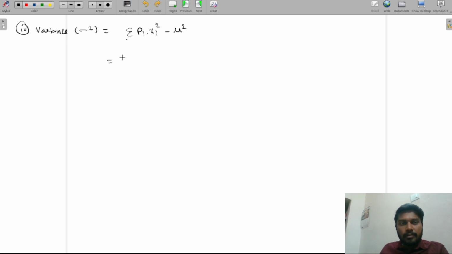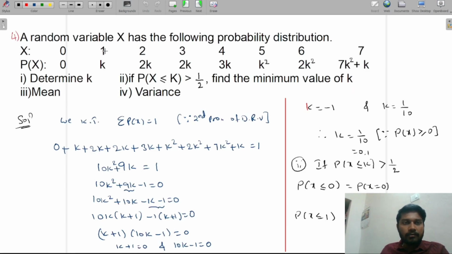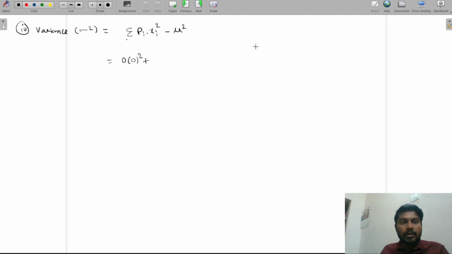What is the first probability? 0 into what is the x value? 0, right? It has a square, plus next. Similarly, in the table I have 1, so 1 square, then 2, 2 square, 3, 3 square, 4, 4 square, 5, 5 square, 6, 6 square, 7, 7 square, because in my formula x contains square.